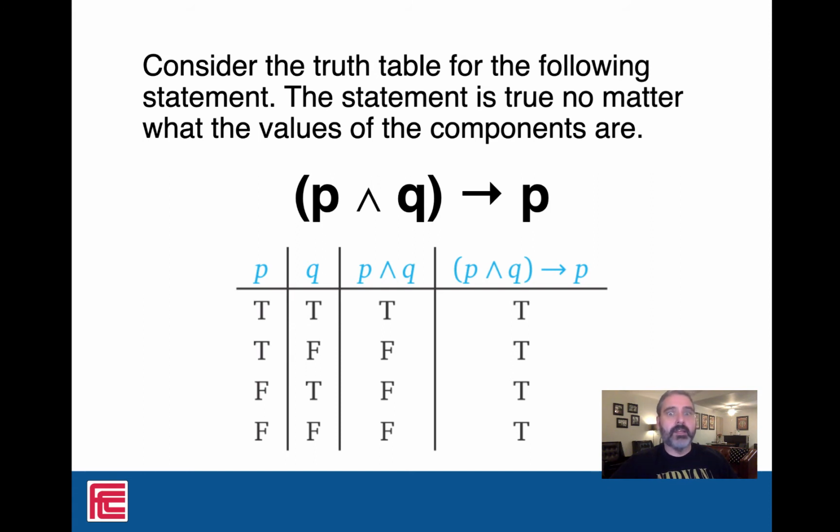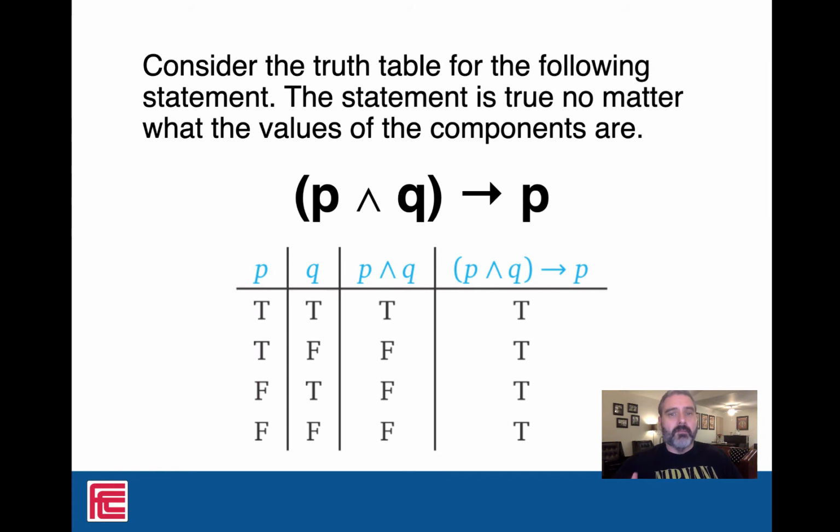But then you're making an implication, right? You're implying that P and Q implies P. Well, implication, when the left side is false, is always true. So for three of those cases, it's true. The only one we really have to worry about is the top one, where P and Q is actually true. We need to make sure that the thing on the right is not false. But of course, it's true because P is true in that case.